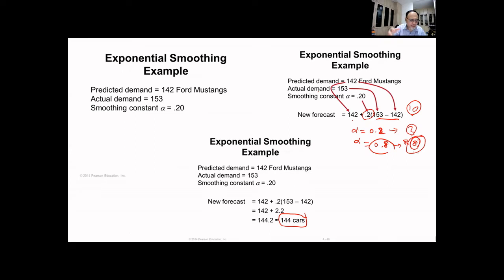When alpha is high, it means you're giving more weight to recent data, and when you are giving weight to older data, alpha is low. So it depends on the company's policy. Understand? Thank you.